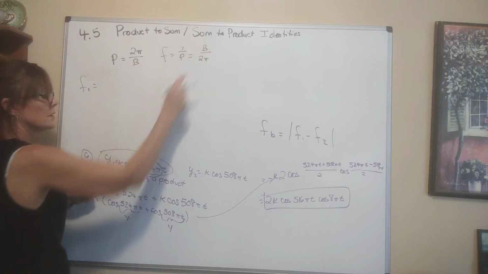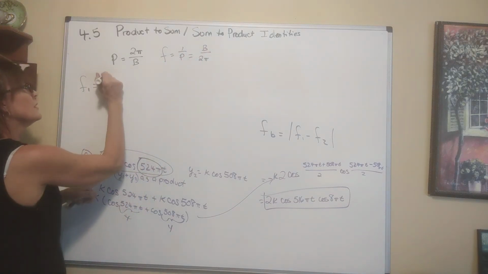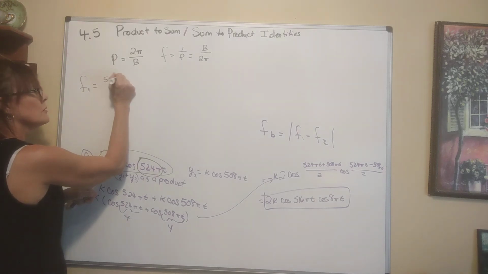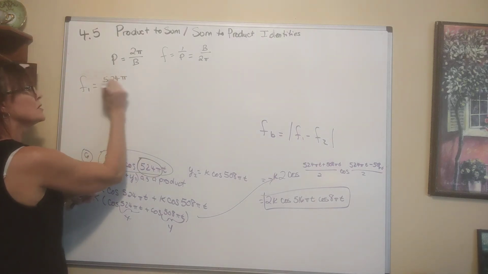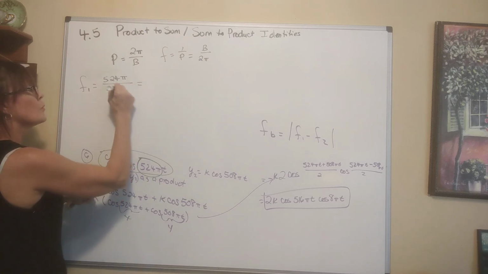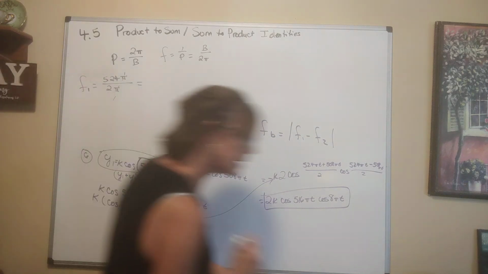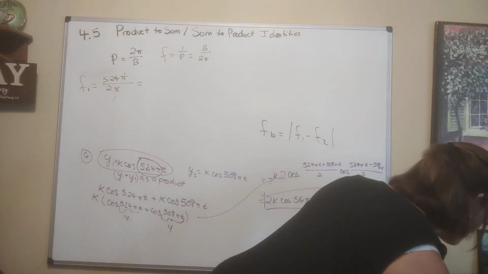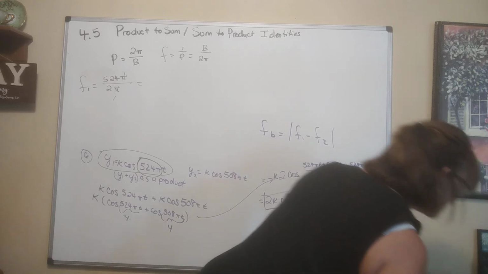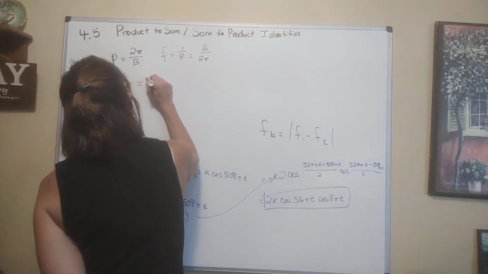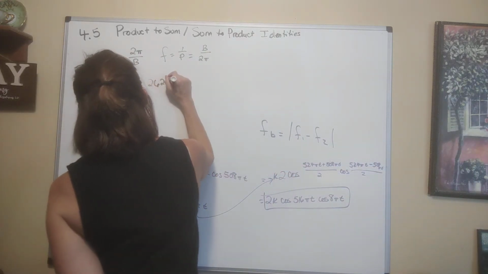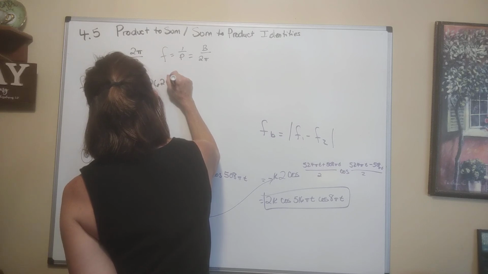It's going to be b divided by 2 pi, or 524 pi, which is the b, divided by 2 pi. We can cancel the pi's, and 2 goes into 524, and I got 262. This is cycles per second, or hertz.